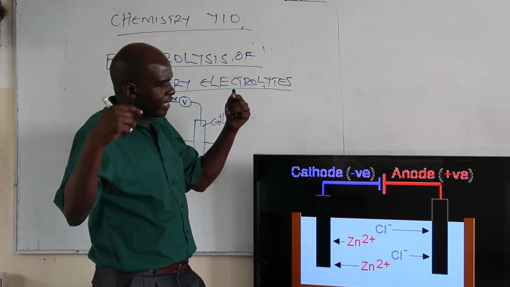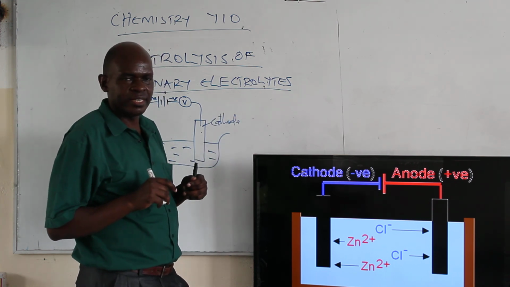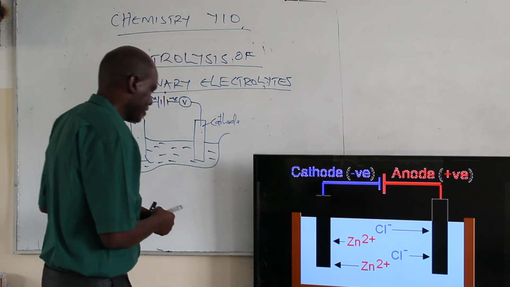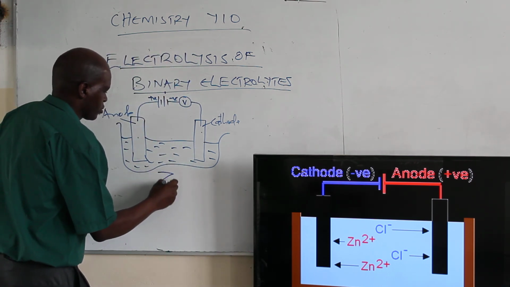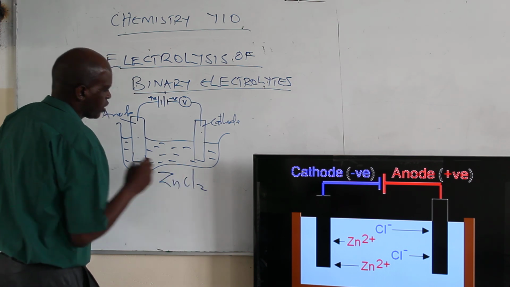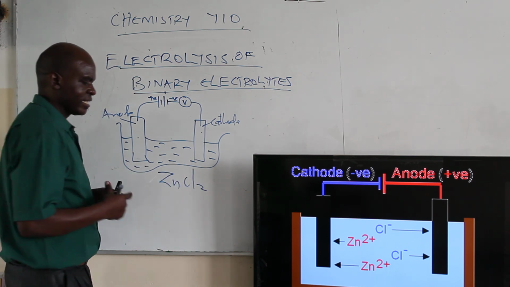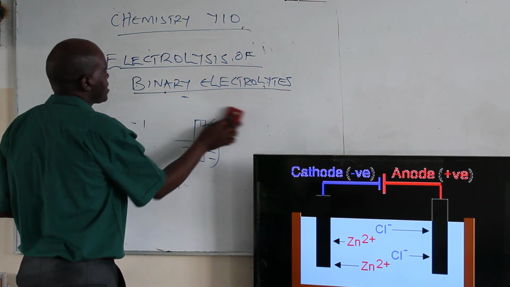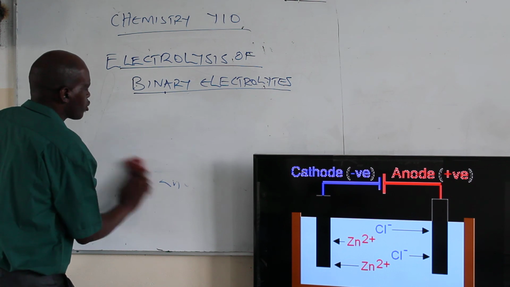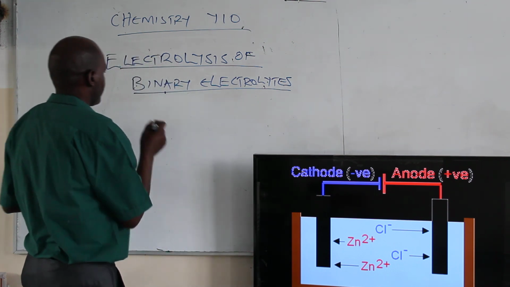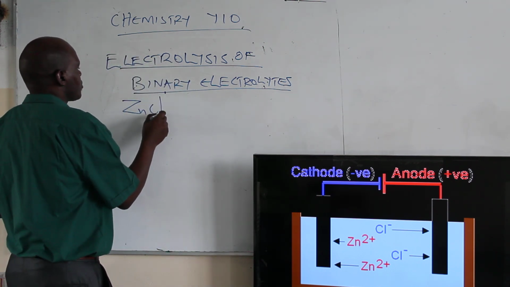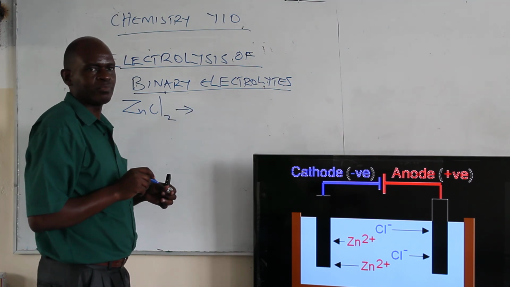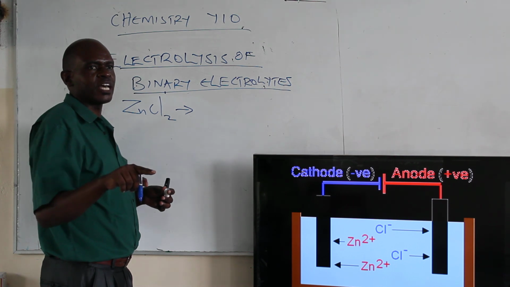Now, I want to bring in the concept of electrolysis in this case. What we had at the beginning is zinc chloride as a salt. But after passage of an electric current, the zinc chloride that we had at the beginning decomposes immediately, because after heating the ions are free to move.